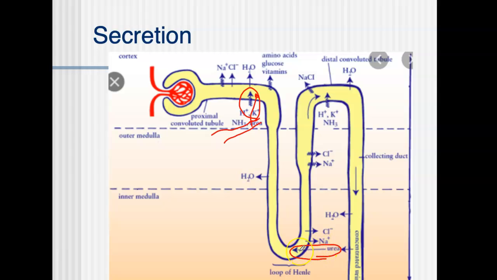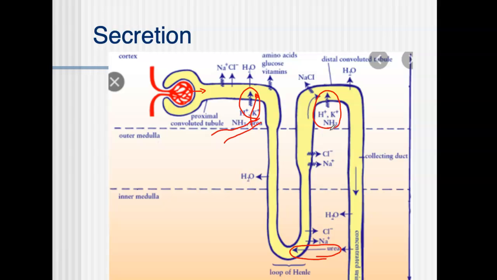It's coming into the filtrate, even though it wasn't in the filtrate to start with. It wasn't filtered from this end, right? I'm just getting rid of it here. So anything that's incoming there. Oh, wow. So here, I have it again. So those are the regions where secretion is happening.